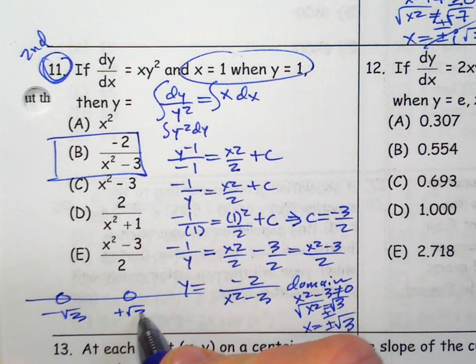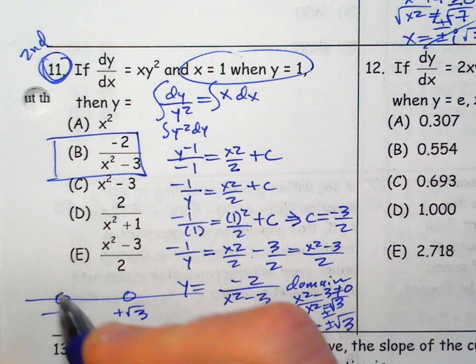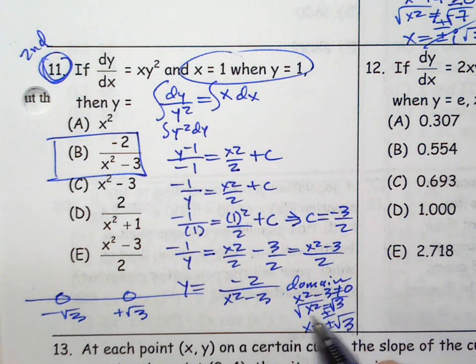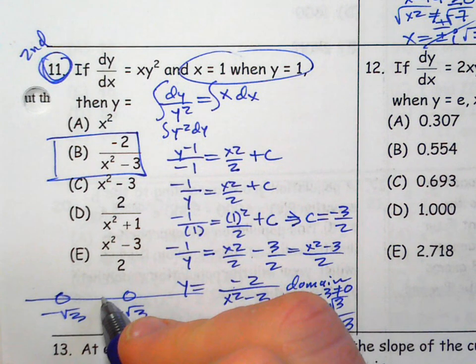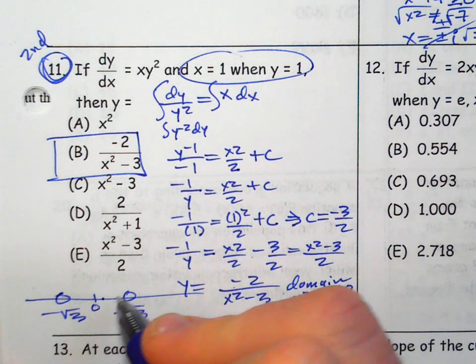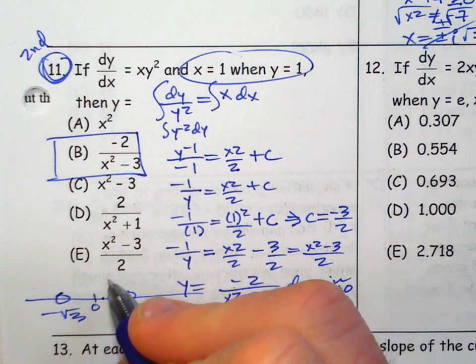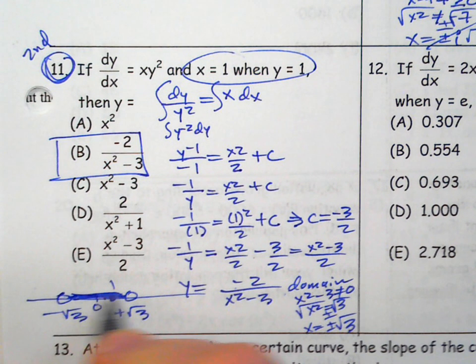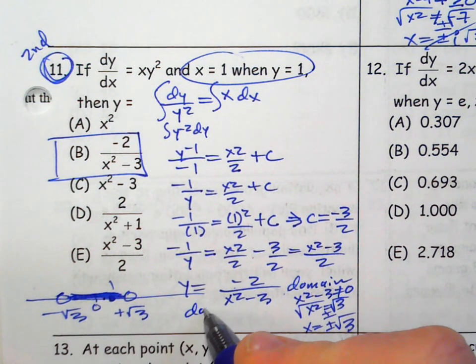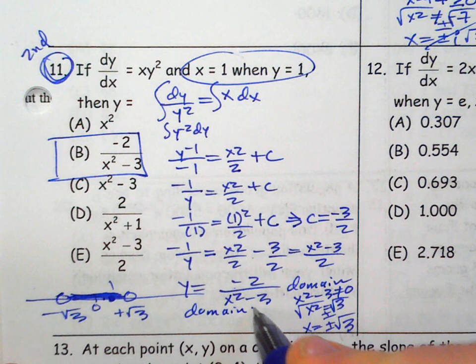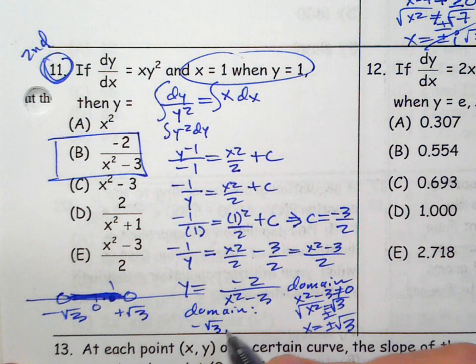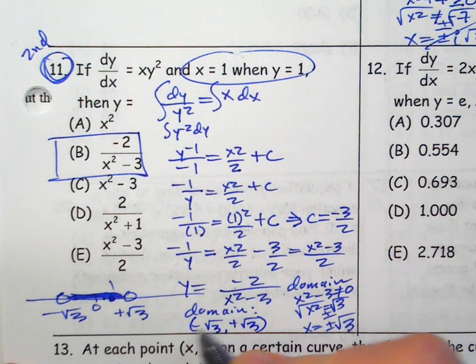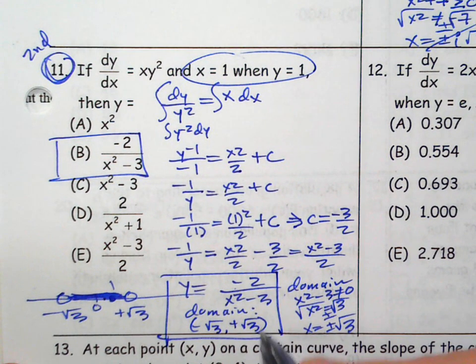This is different than the domain of this problem. It has this and this and this, but the domain of the solution of a differential equation is a single open interval. 1 is inside, since square root of 3 is bigger than 1, so that nails down the domain. So the domain for this guy is negative root 3 to positive root 3. Never include the endpoints when doing the domain of a solution of a differential equation.